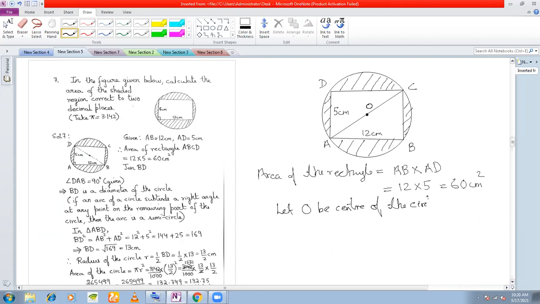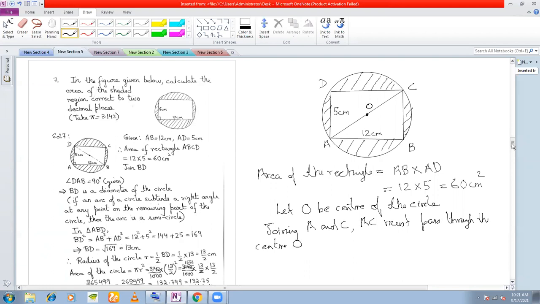Circle, joining A and C, AC must pass through the center O. Okay. So now the thing is to calculate AC.